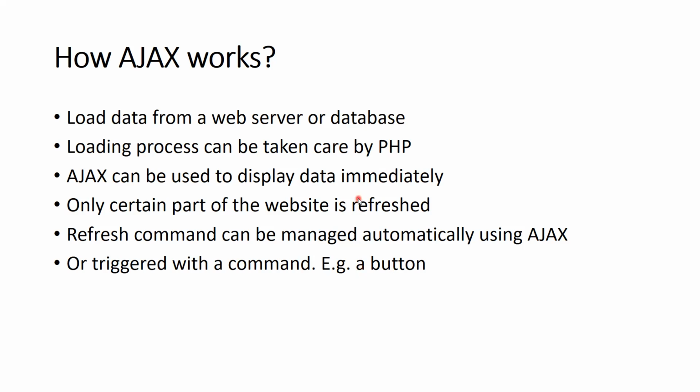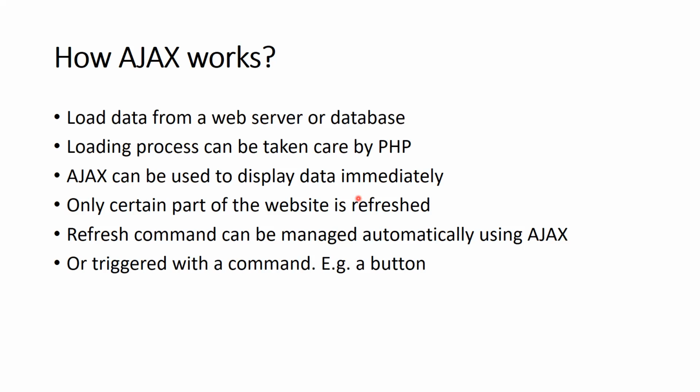All right, to sum this up, AJAX basically loads data from a web server or database. The loading process is generally taken care of by PHP. AJAX refreshes data, and data can be displayed immediately or almost immediately. And how does it do it? By refreshing a certain part of a website.